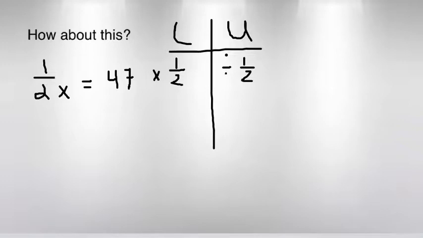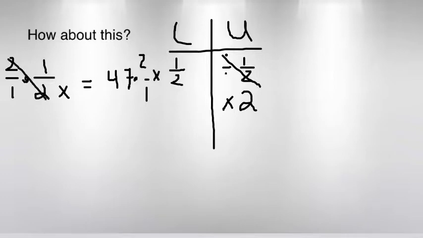So the reciprocal of 1/2 is 2, so I'm actually going to multiply by 2. I'm going to multiply both sides of the equation by 2 over 1, and if you notice, I have a cross cancel, and these cancel out. So I'm left with x equals 47 times 2, which happens to be 94.